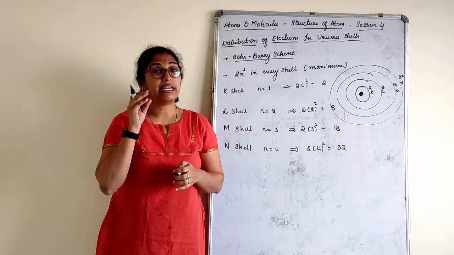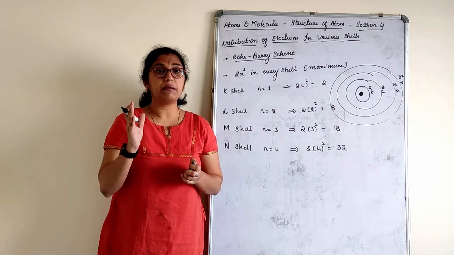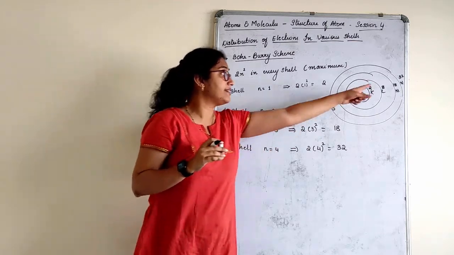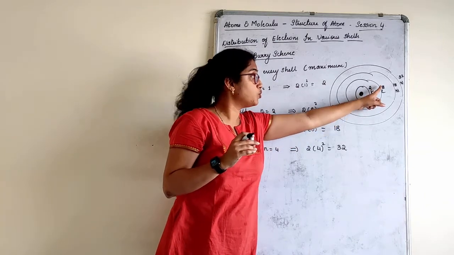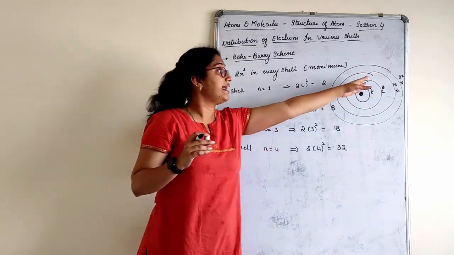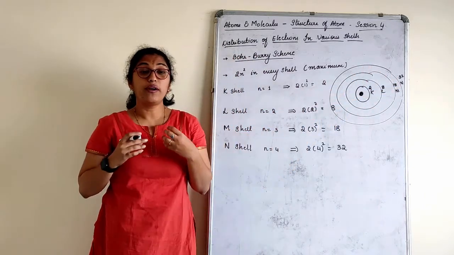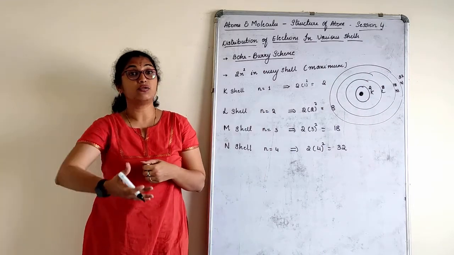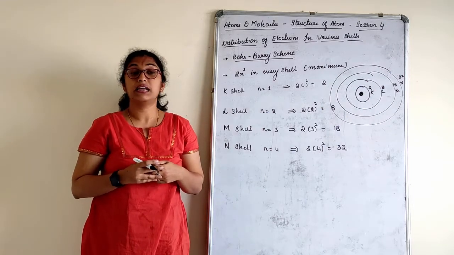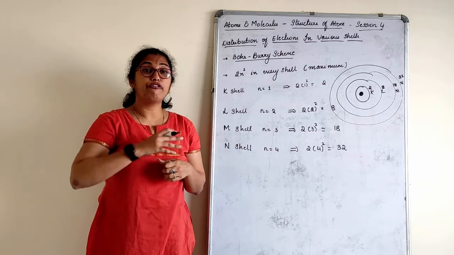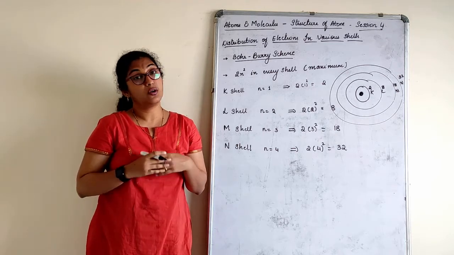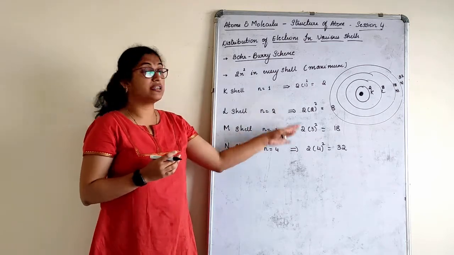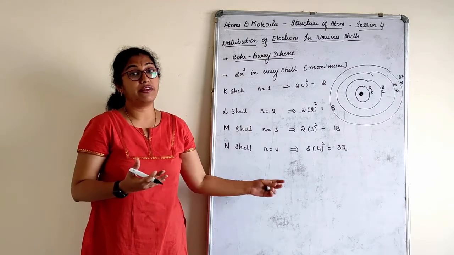Remember one thing, in every shell, the maximum capacity you can fill is 8. Here the maximum is 2, next is 8. The next shell also, though it has a capacity to accommodate 18 electrons, you still cannot fit more than 8 in that. Why that 8? You will understand in the electronic configuration when I start.